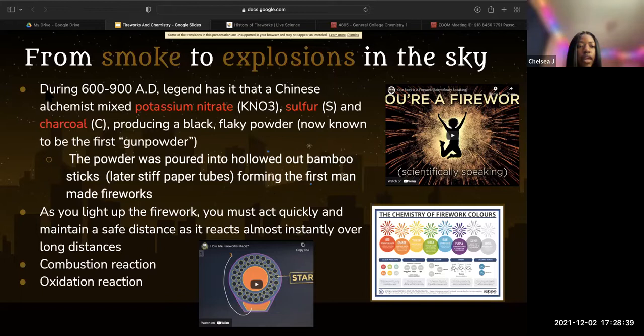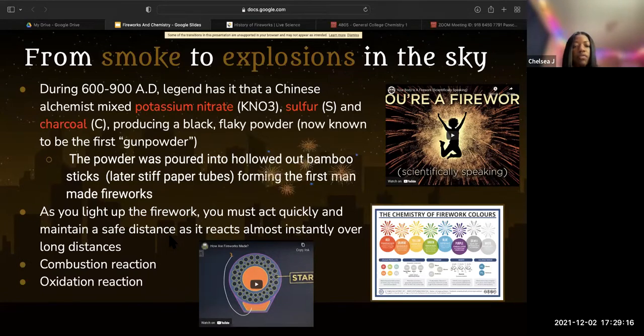Some more background context: during 600 to 900 AD, legend has it that a Chinese alchemist mixed potassium nitrate, which we know as KNO3, sulfur, S, and charcoal, which is also known as carbon, the C symbol, and produced a black flaky powder, now known to be the first gunpowder, used in war and other military things. This powder was poured into hollowed out bamboo sticks, which later began to be used with stiff paper tubes, forming the first man-made fireworks.